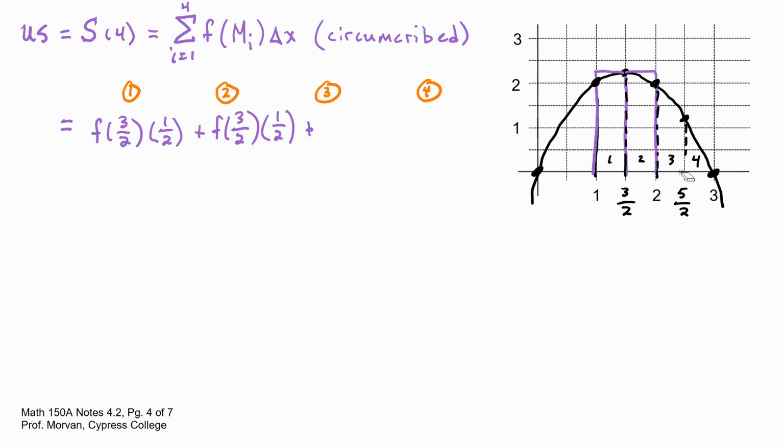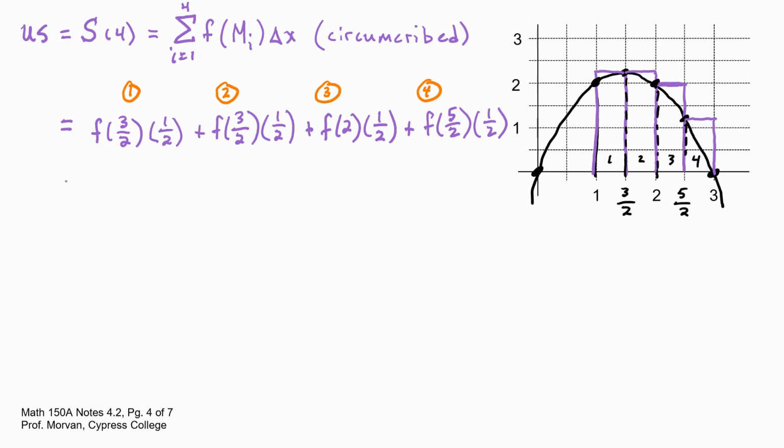That's circumscribed. So to get that rectangle, we have to pick this left endpoint of f of 2. So we'll have f of 2 times 1/2. And we will add to that the area of the circumscribed rectangle in region 4. And for that, we have to use an x value of 5/2 so that we get the circumscribed rectangle here. So f of 5/2 times delta x, which is 1/2.